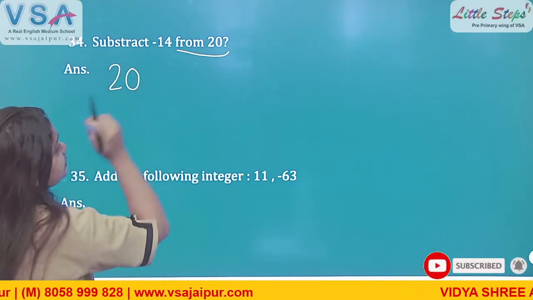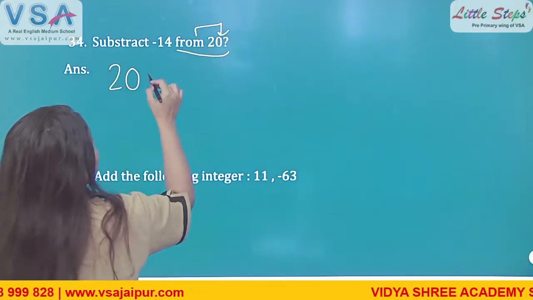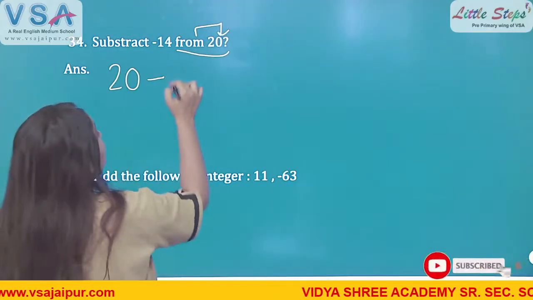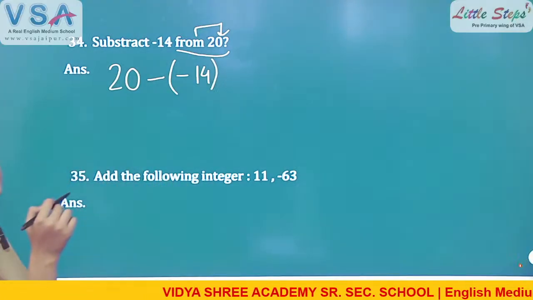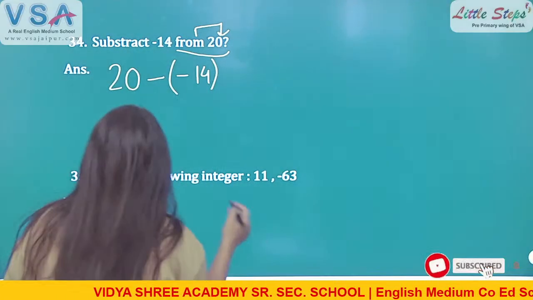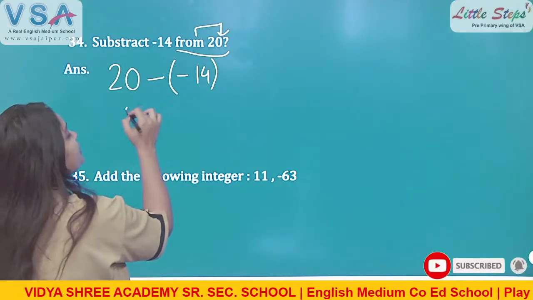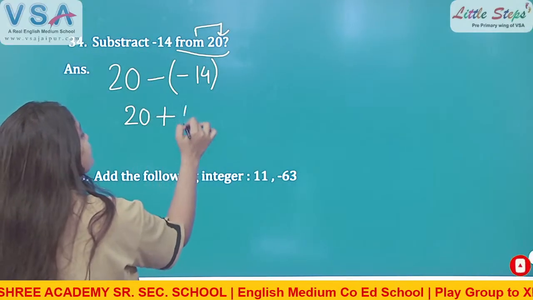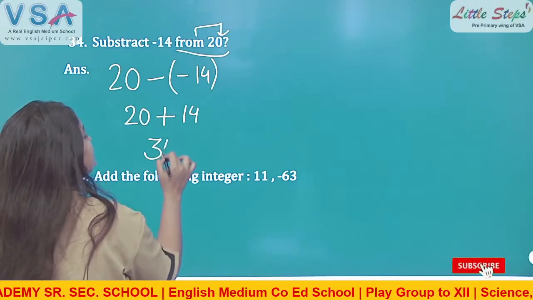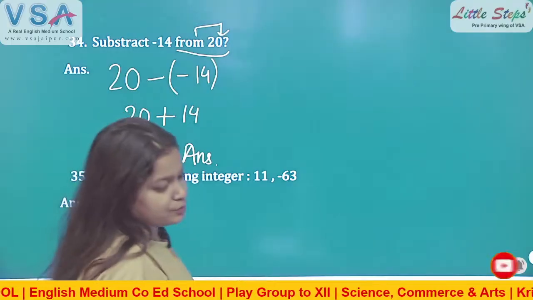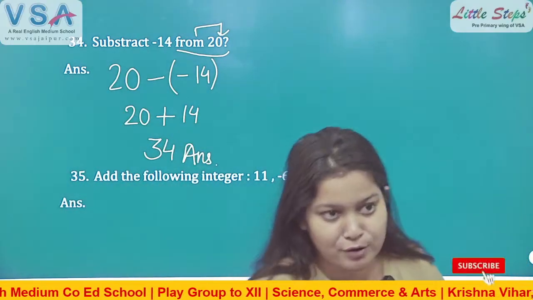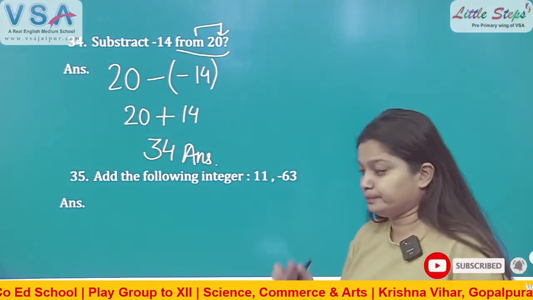We need to write 20 first, then subtract the number minus 14. We have two signs together, that's why we need to put a bracket. So 20 plus 14, the answer is 34. That's the concept of the question: it wants us to subtract, but in the end we apply the rules and add them.